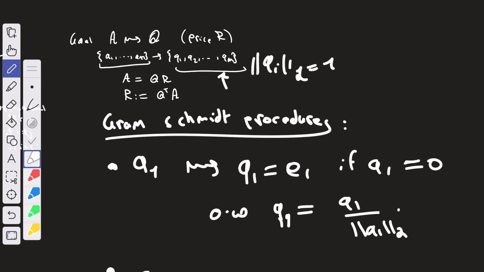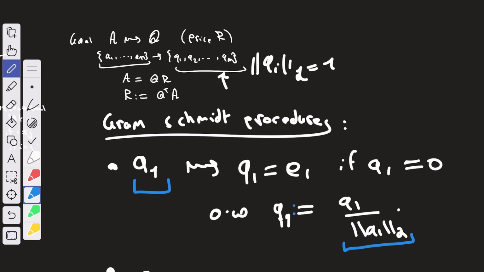So you start with the first vector, A1, and there's nothing to orthonormalize with. So we're just going to normalize the vector A1, and define this to be Q1.